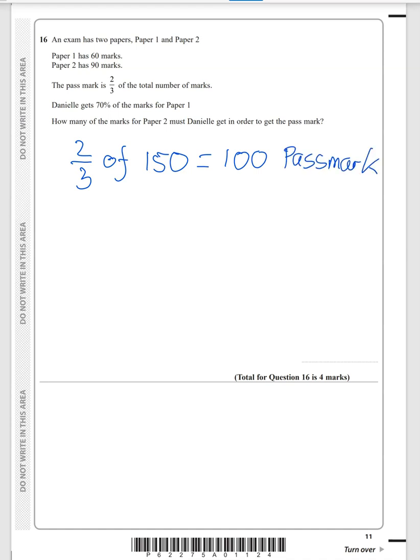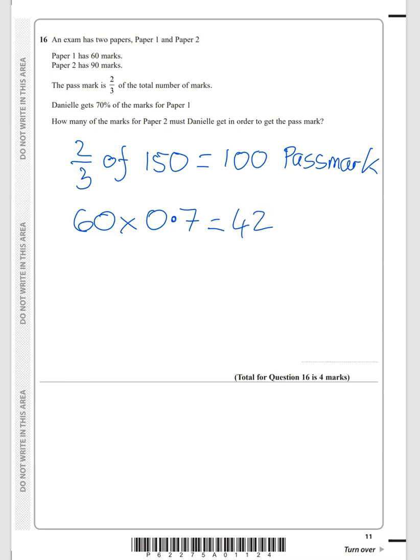Okay, that's handy. Right, now we've got 70% on paper 1. So paper 1 is 60. So if we do 60 times 0.7, we will get how many marks she got on that first paper. And I'm going to use my calculator. It's 42.